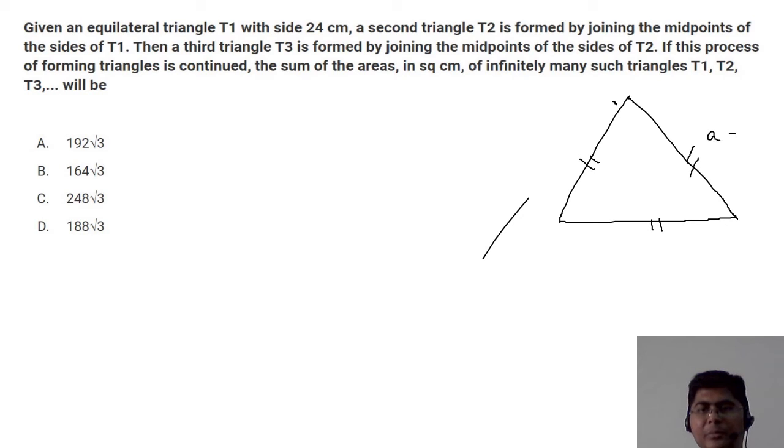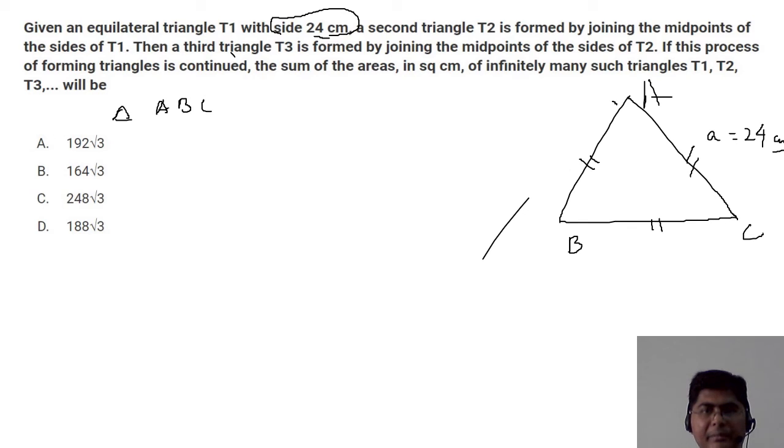So let us assume all these sides are the same, which is A, 24 centimeter, where it is already given. Okay, now we are not putting this value from the beginning. First we will derive the formula, then we will put the value of A. So it is better for us. Now this is T1. Let's say A, B and C.